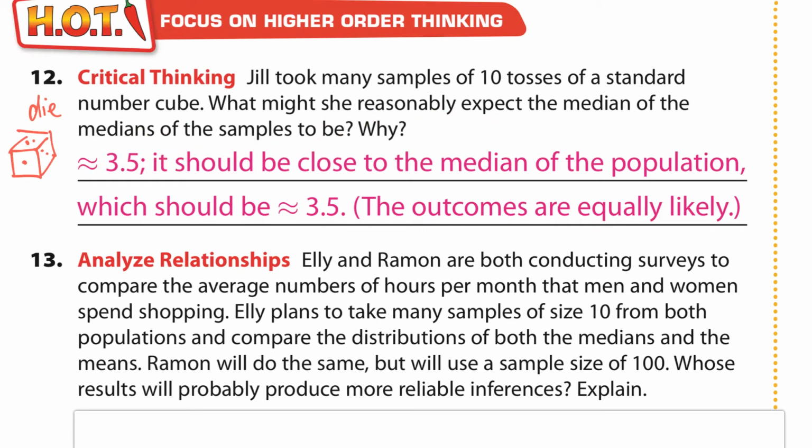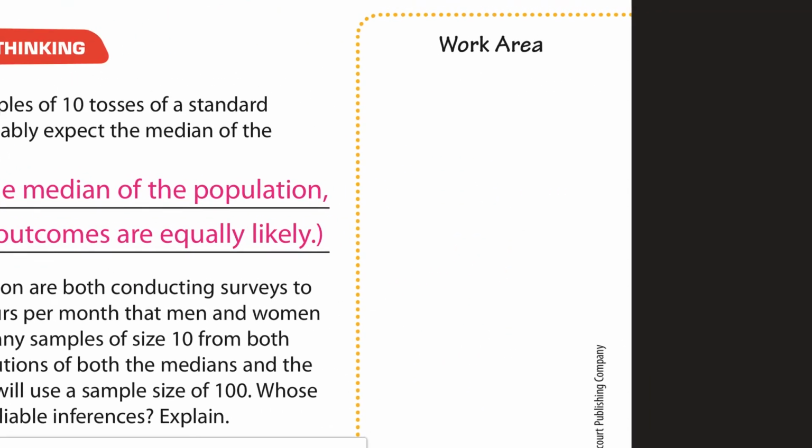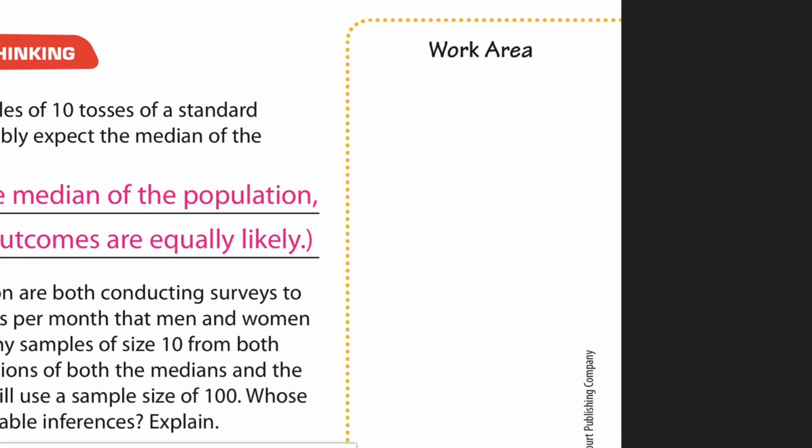So the median of the medians. Basically, what would you expect here if we have the number die? What are the sides on a number die? It's 1, 2, 3, 4, 5, 6, right? So 10 tosses. What would you expect? I could make a dot plot out of this, right?